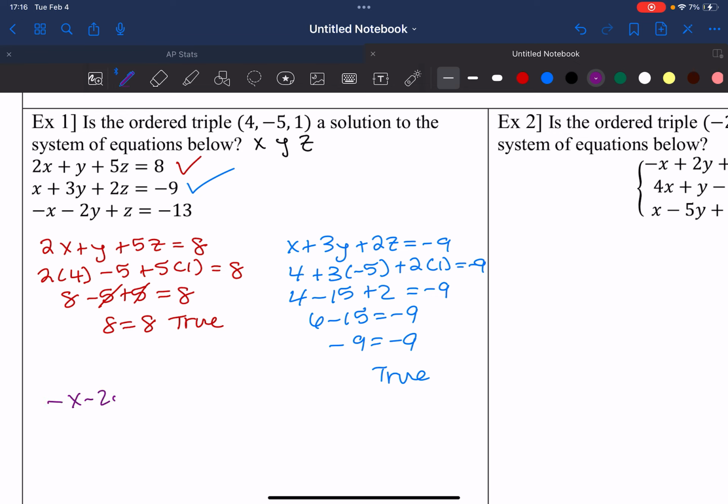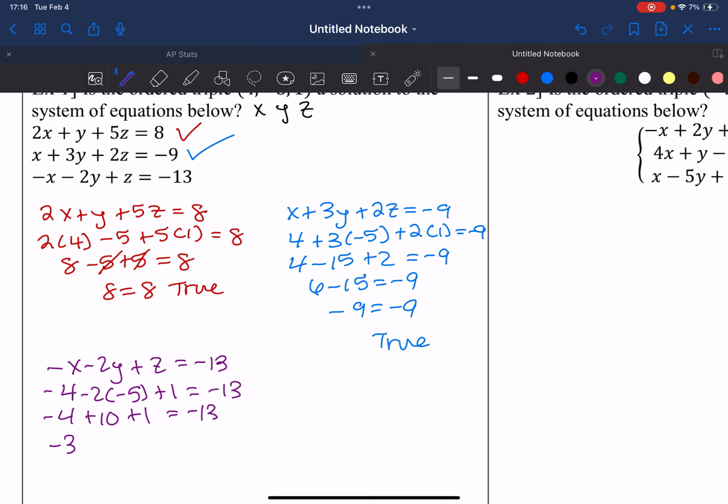Negative x minus 2y plus z is equal to negative 13. So I'm going to plug in negative 4 minus 2 times negative 5 plus 1 equals negative 13. Negative 4 plus 10 plus 1 equals negative 13.